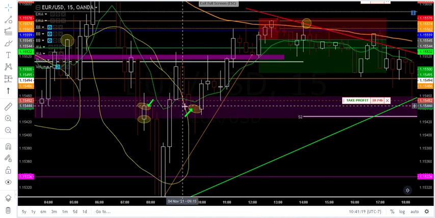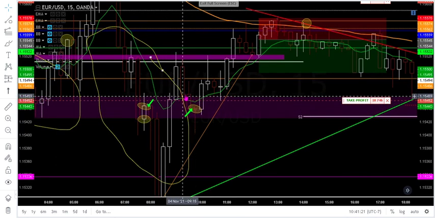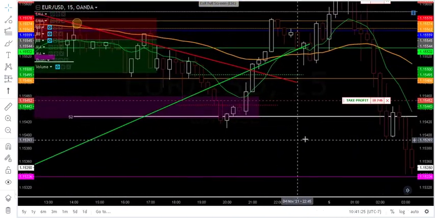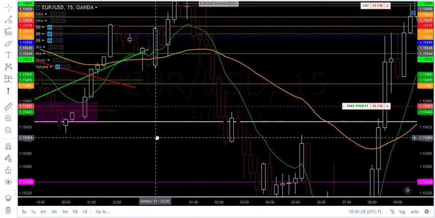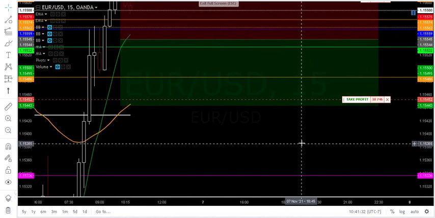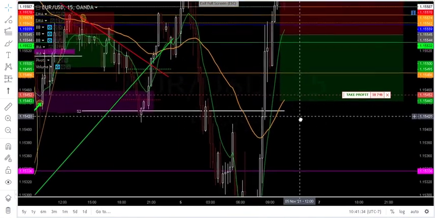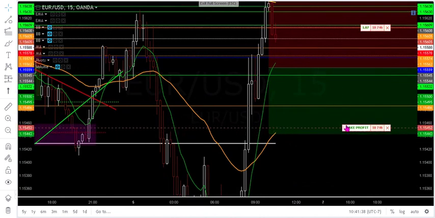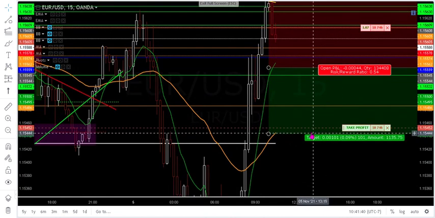Look at the wicks. Price came down, rejected back up right here on this red candle. I mean, boom. So I'm gonna pull it down slightly. I probably should just leave it where it's at. I have this problem with greed sometimes. I'm gonna leave it where it's at.